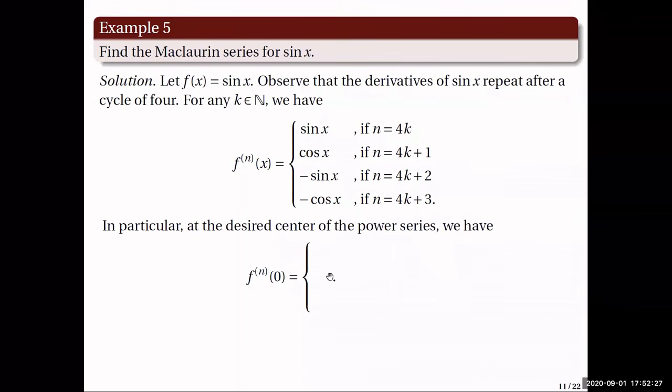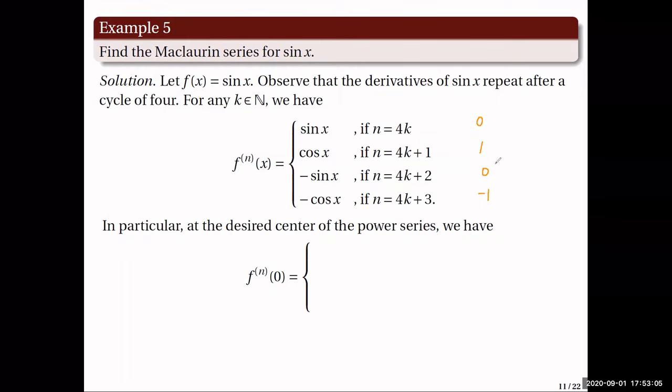And finally, we have negative cosine x if n is of the form 4k plus 3. Okay, so now in particular, at the desired center of the power series, note that we're dealing with Maclaurin series. So this is a Taylor series centered at 0. So let's look at the values of fn at 0. Okay, so note that for fn of 0, we have sine 0 is 0, cosine 0 is 1, negative sine 0 is 0, and negative cosine 0 is negative 1.